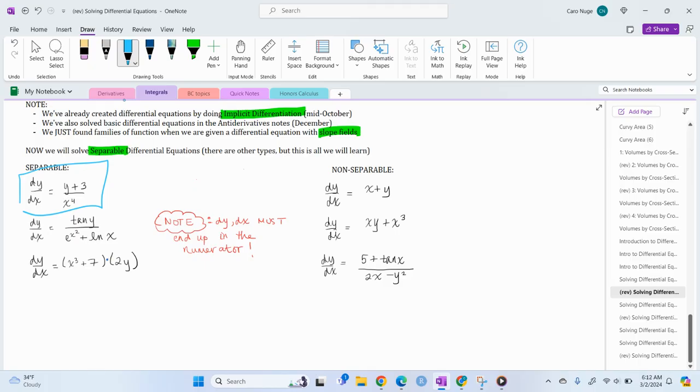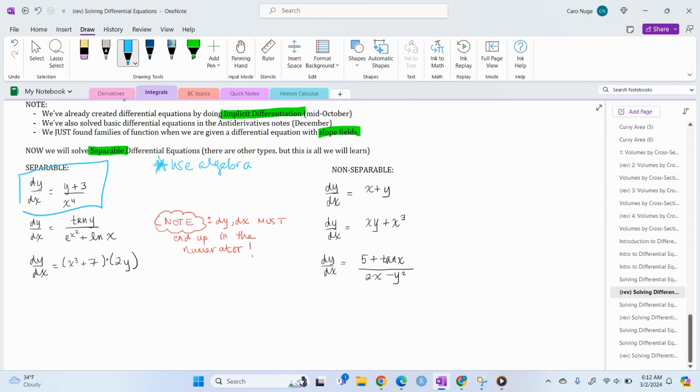All right, so let's talk about what is a separable differential equation. A separable differential equation is whenever you start with a derivative dy dx. It's in terms of x's and y's. Sometimes it'll just be x, sometimes just y. This one is a mix of x and y, and you need to be able to separate it. I'm going to make a note here. We will use, this is a star, algebra.